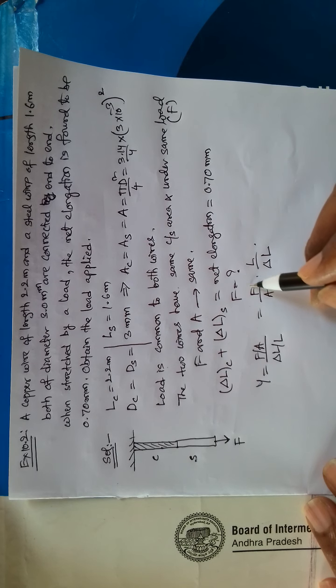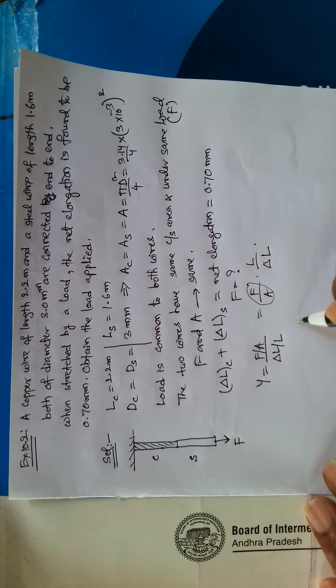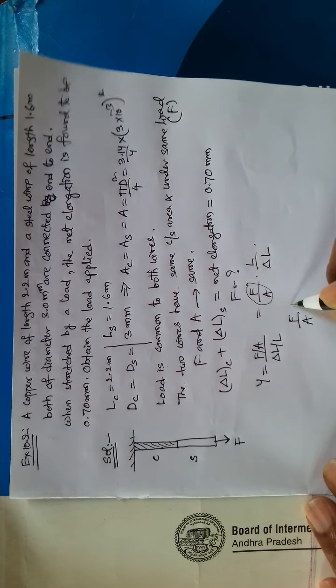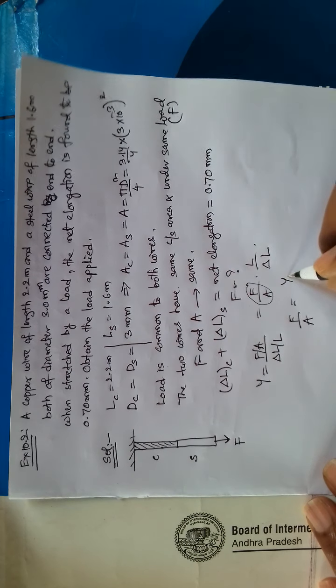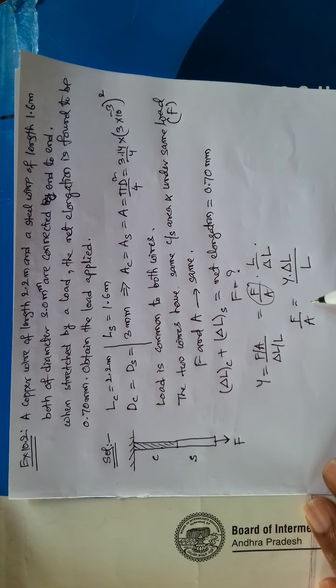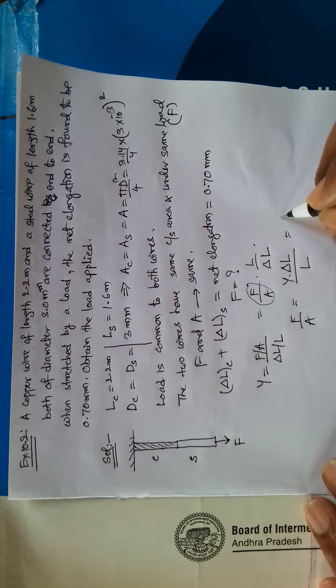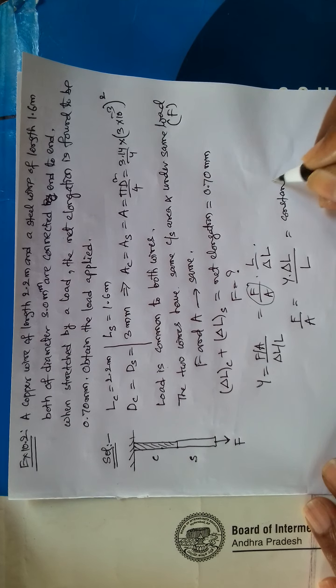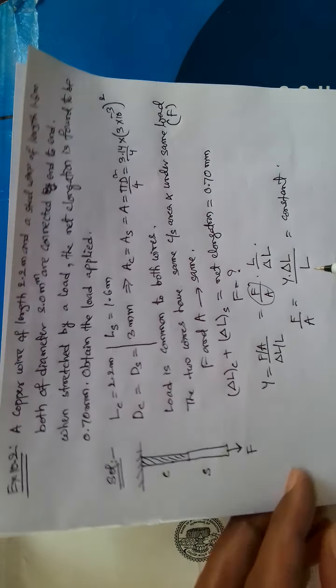So let us write in terms of F by A. Then F by A is equal to Y into delta L by L. Since load and cross-sectional area are the same, the ratio is a constant. It means Y delta L by L is a constant.